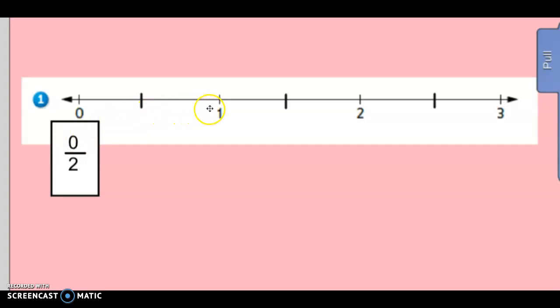Let's go down our number line to 1. How should I label this point? Again, my number line is broken into halves. How many halves represent one whole? That's right, 2 halves.